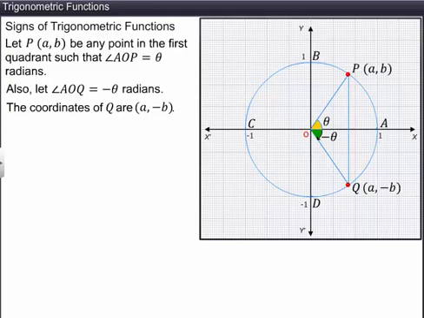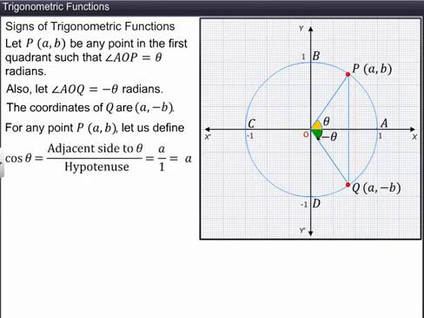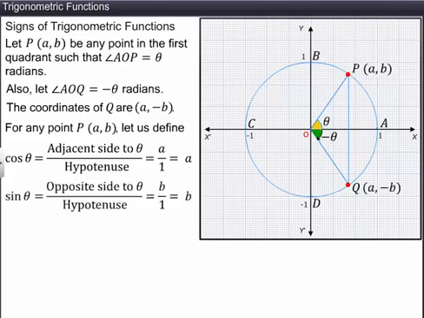Now, corresponding to the angle theta radians, we define the trigonometric function cosine as cos theta is equal to a, and the trigonometric function sine as sine theta is equal to b.